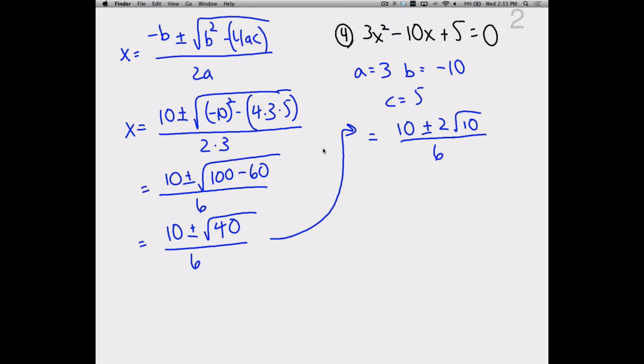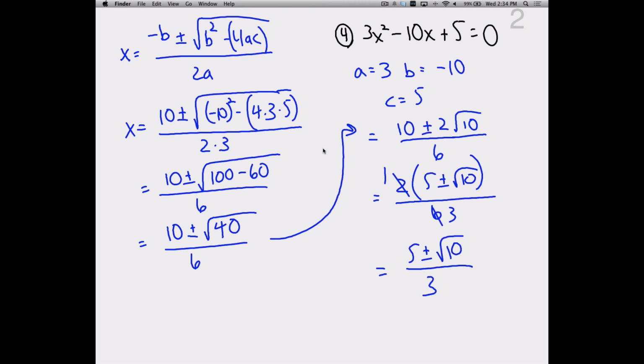You cannot do that because there's a plus and a minus sign there. What you have to do, however, is factor out a GCF in the numerator. What's the GCF in the numerator? 2. Final answer, 5 plus or minus the square root of 10 over 3.